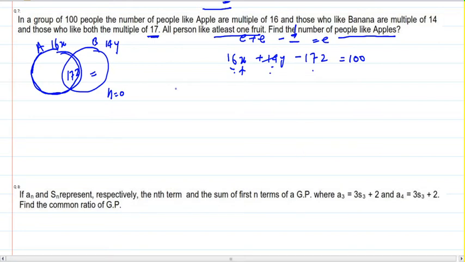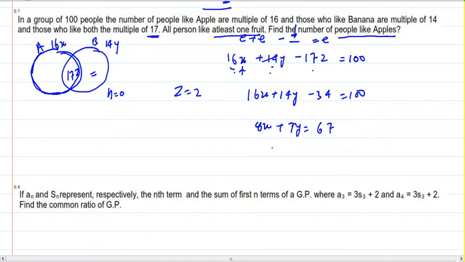So if I start with z equal to 2, what I have here is 16x plus 14y minus 34 equal to 100. If I rearrange, I will have 8x plus 7y equal to 134 by 2, that is 67. Now by trial and error, we have to put values of x and y and solve this further.